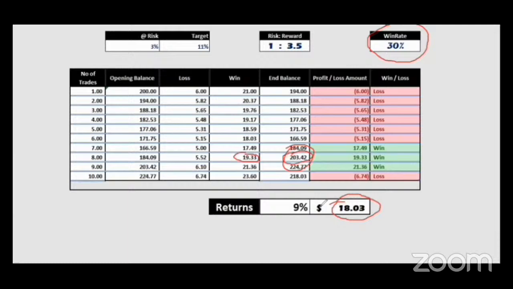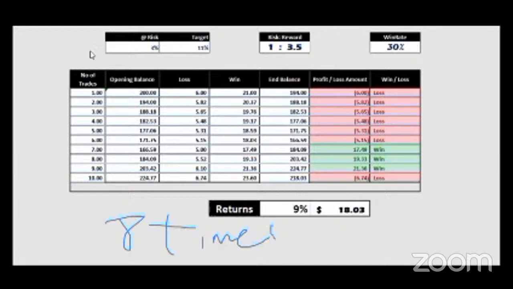Yes, we need to find a strategy that works for us and can give us a win rate of at least 50%. But what I'm saying here in essence is that even if you have a very terrible trading system, but your risk management is always at least a 1 to 3 risk reward ratio, you need to lose about 8 times out of 10 times for you to then not make money.